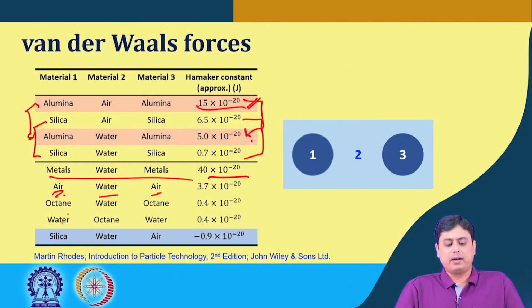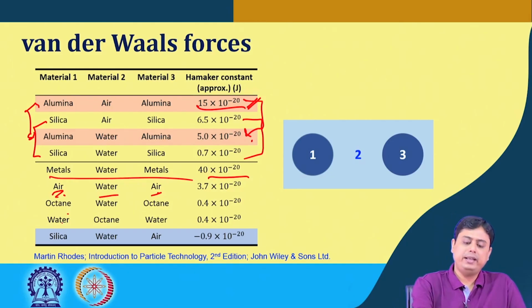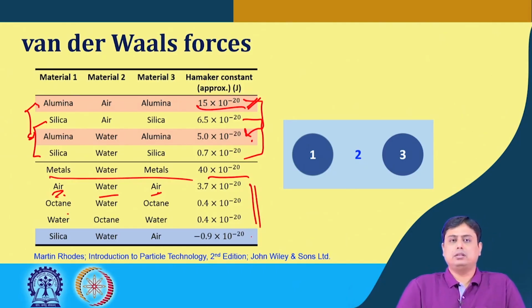And that is why the Hamaker constants are listed here as well, to give you an idea of their strength between, say, air bubbles in water, or oil in water emulsions and water in oil emulsions.